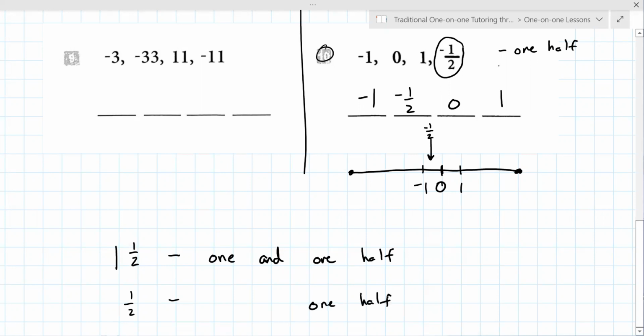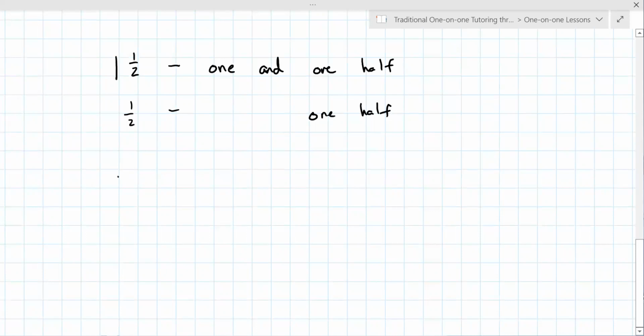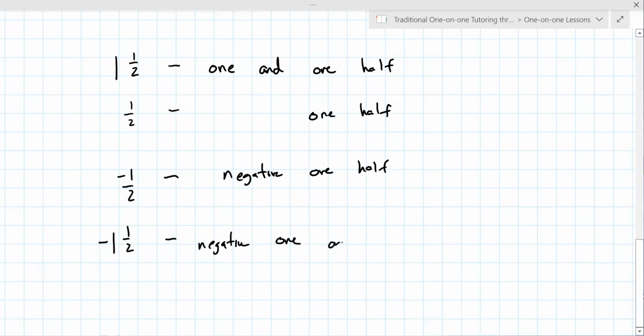There are times in math when the language matters, and this is one of them. Similarly, this is -1/2, and if I write this other number, it is negative 1 and 1/2. So just be aware of the distinction between them.